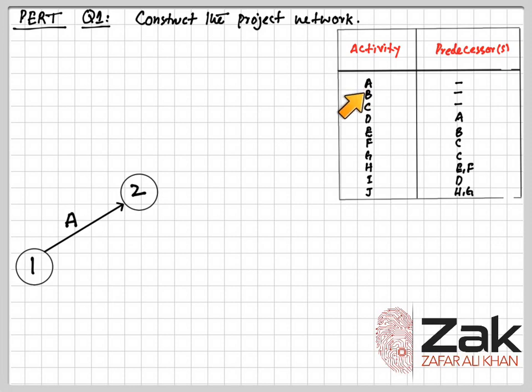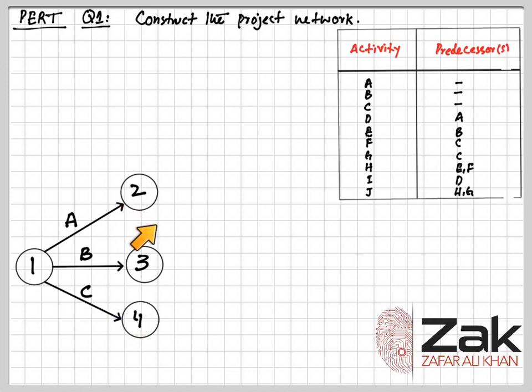Since A, B and C all are starting together and they don't have any predecessor, so for B we will be doing this way. This would be the node number 3 and also starting from node 1, and then we have activity C, which is also starting from node 1 and ending in node 4.